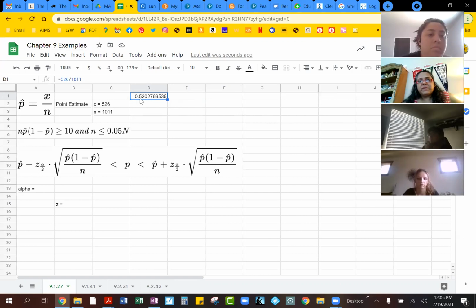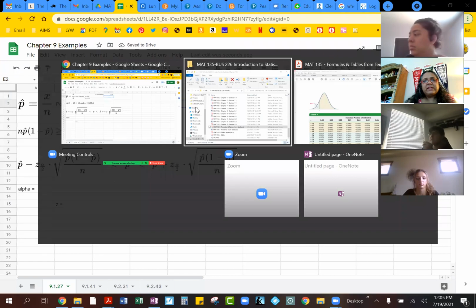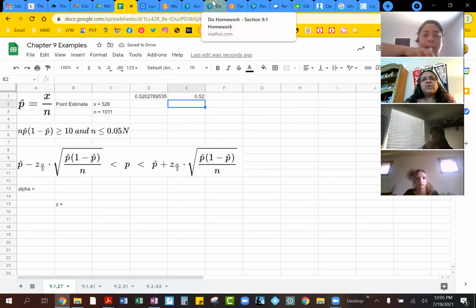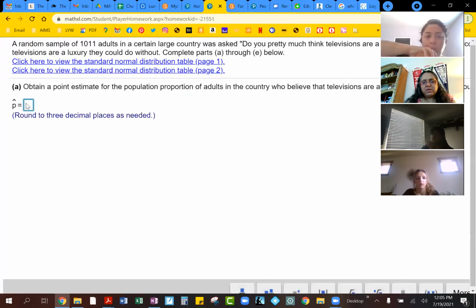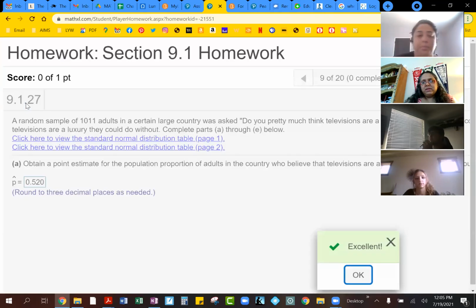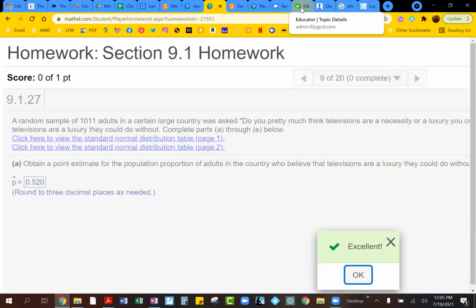And since you have a 2 after that, it will just stay 0.520 because that 2 does not make a difference. And I will actually leave that 0 in my answer. So 0.520, leave it at 3 decimal places, and that looks good.